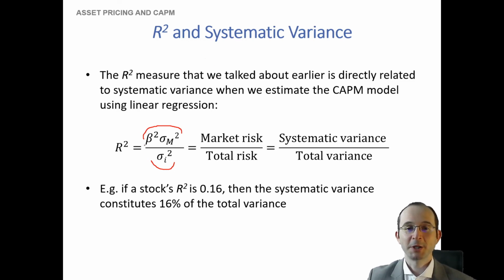So the R squared actually captures the ratio of systematic variance to total variance.